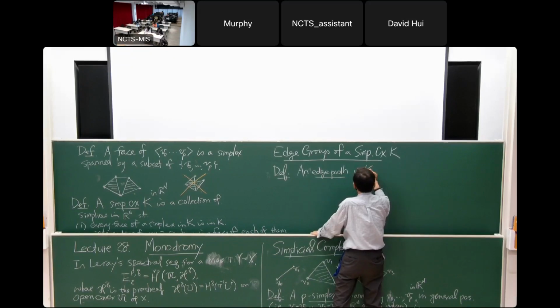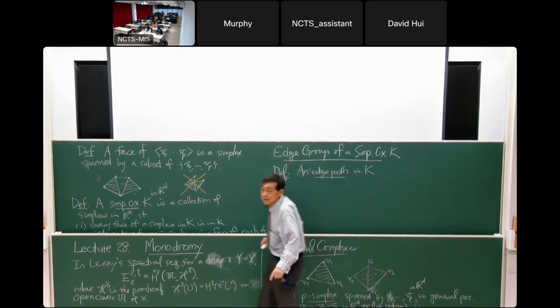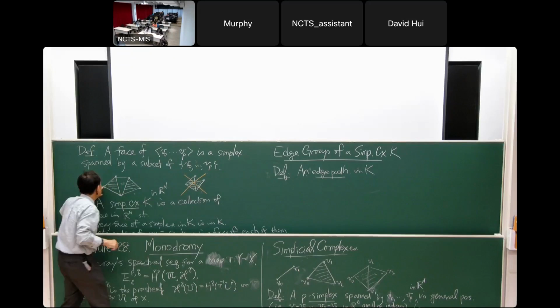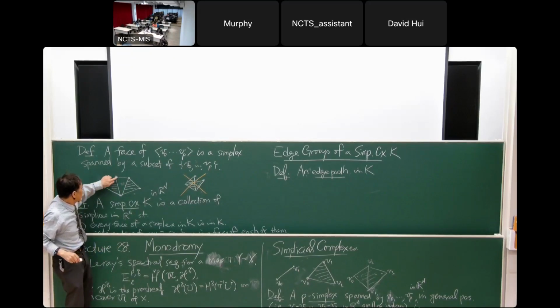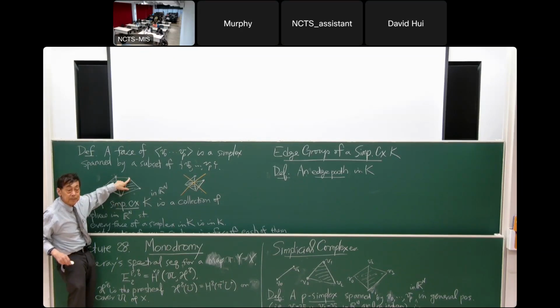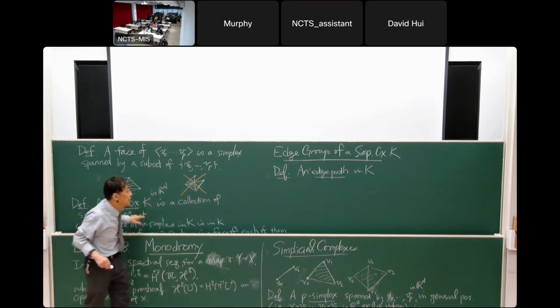An edge path in K, well, it just means you travel along the edges. Okay? So an edge path is specified by a sequence of vertices.